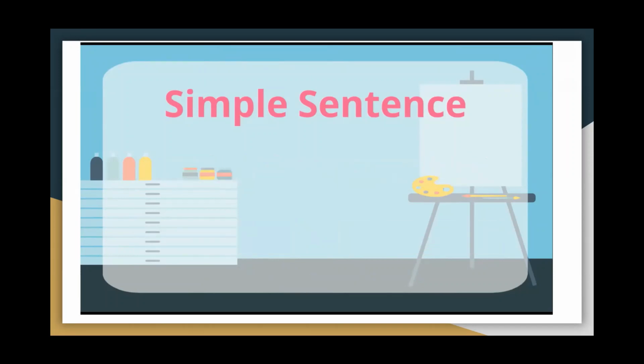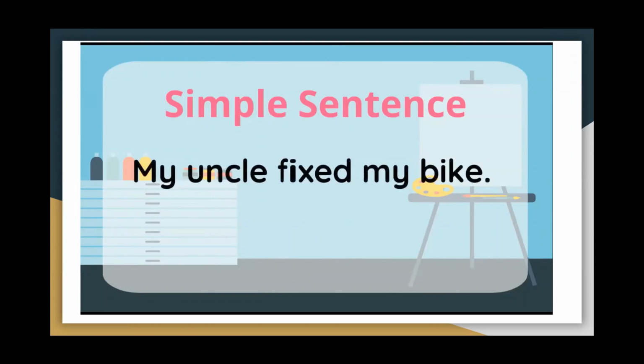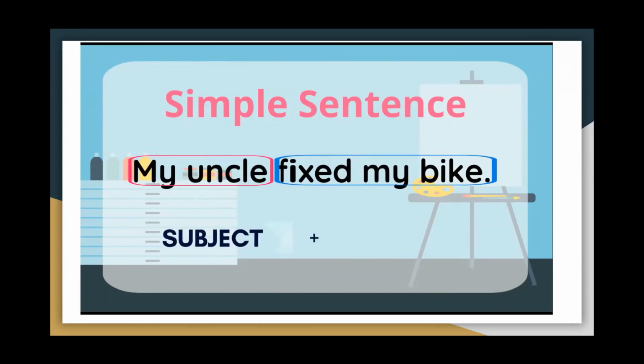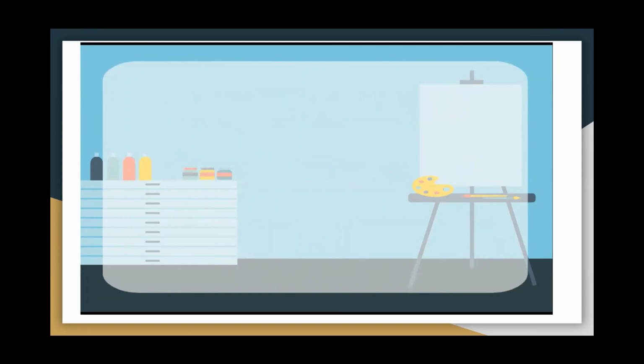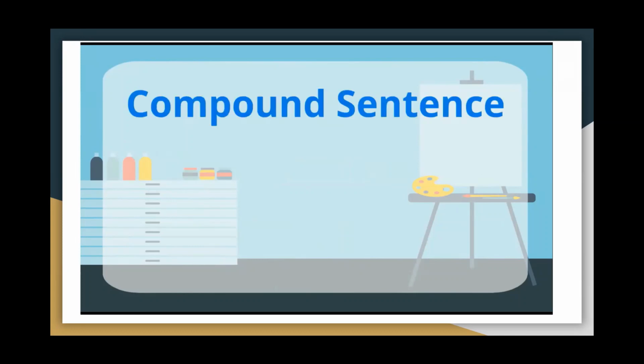Let's make another simple sentence. My uncle fixed my bike. There is one subject, my uncle, and one predicate, fixed my bike. One subject, one predicate. Again, this is a simple sentence. A compound sentence is a little different. Let's learn more about it.